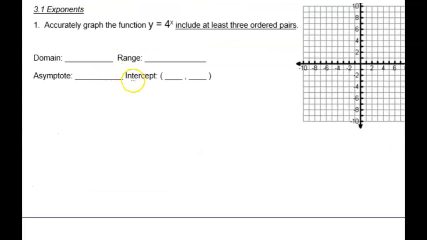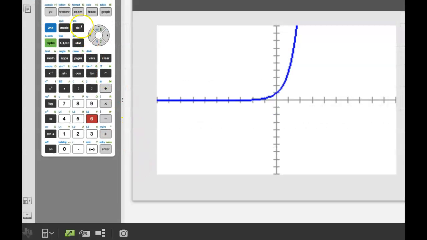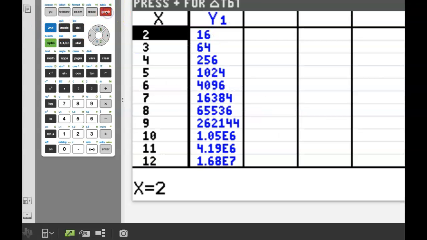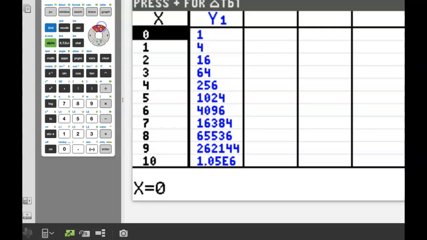All right, so this one that I have put on here as an example of exponential graphing is kind of hard to get 3 ordered pairs on the graph paper because I have a high base here, probably not that high on the quiz, but you can just type this into your calculator, 4 to the x. You could look at the table to find some ordered pairs.